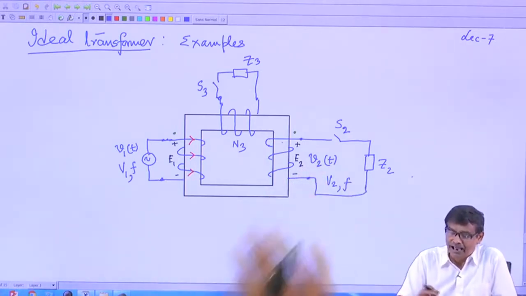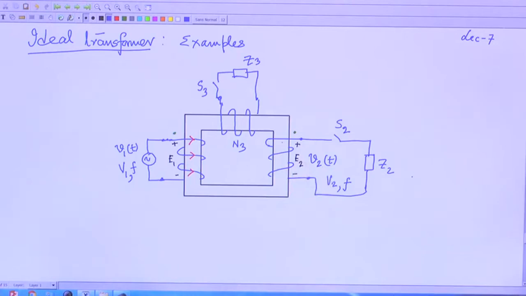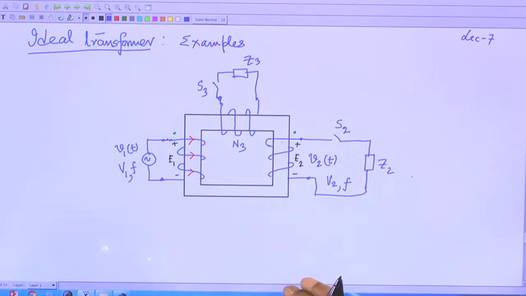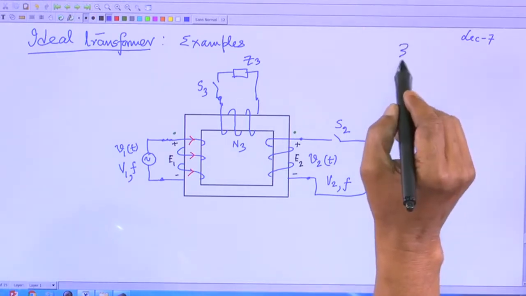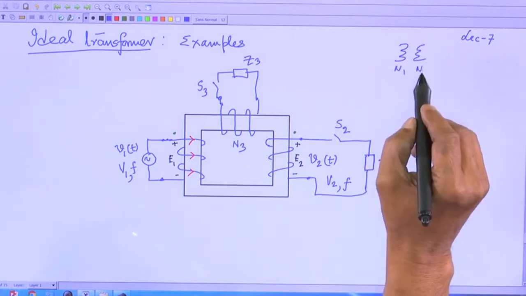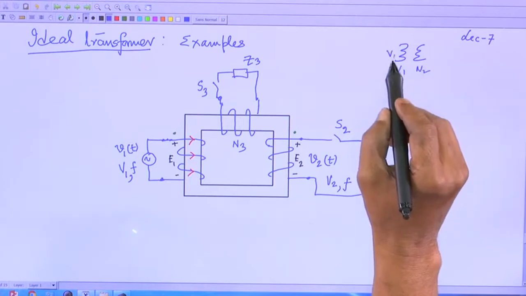One thing I will tell you: the primary and secondary voltages are different, currents are different, the kVA is the same, that is all fine. But also try to understand this: suppose you have a transformer of turns N1 and N2. It is very useful while solving problems.